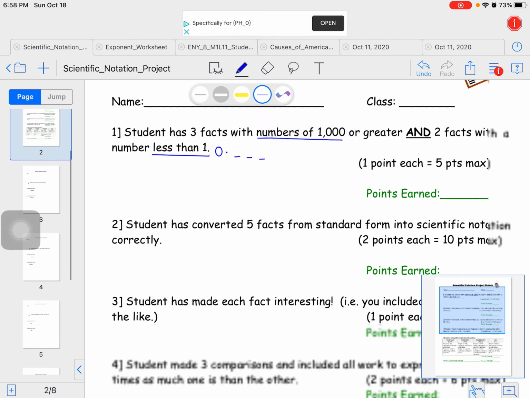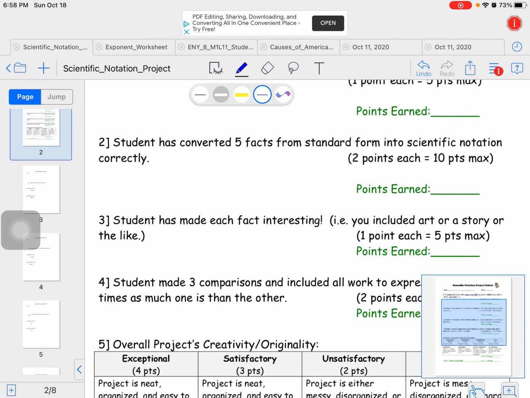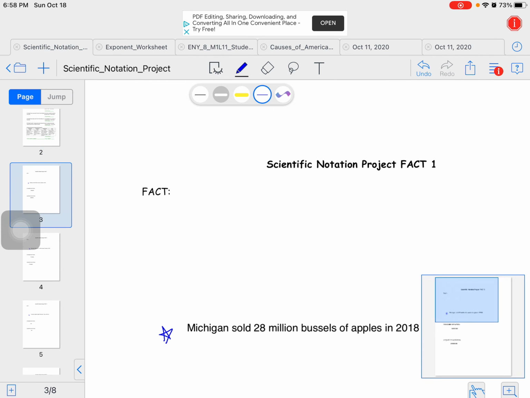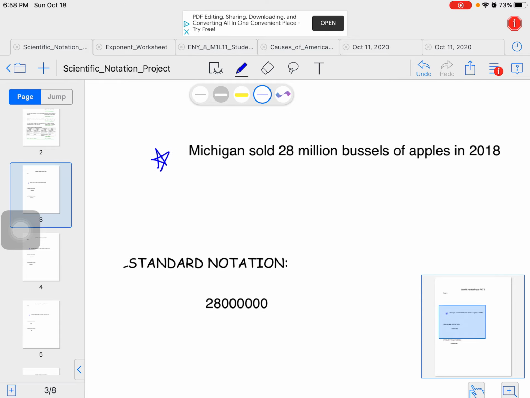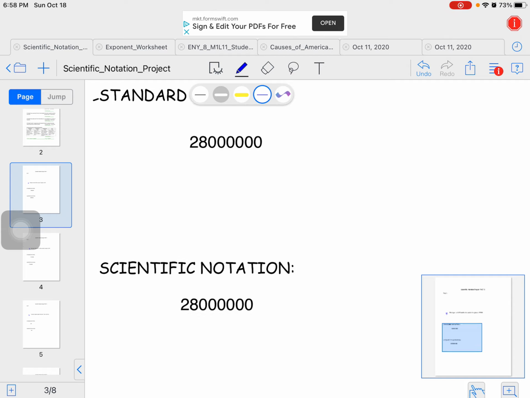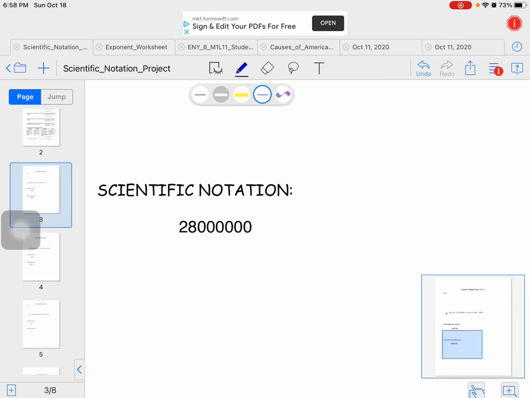Back to our directions. The next part is to look at the scientific notation. I'm going to take this number, 28,000,000, and I've copied it in my scientific notation area below.